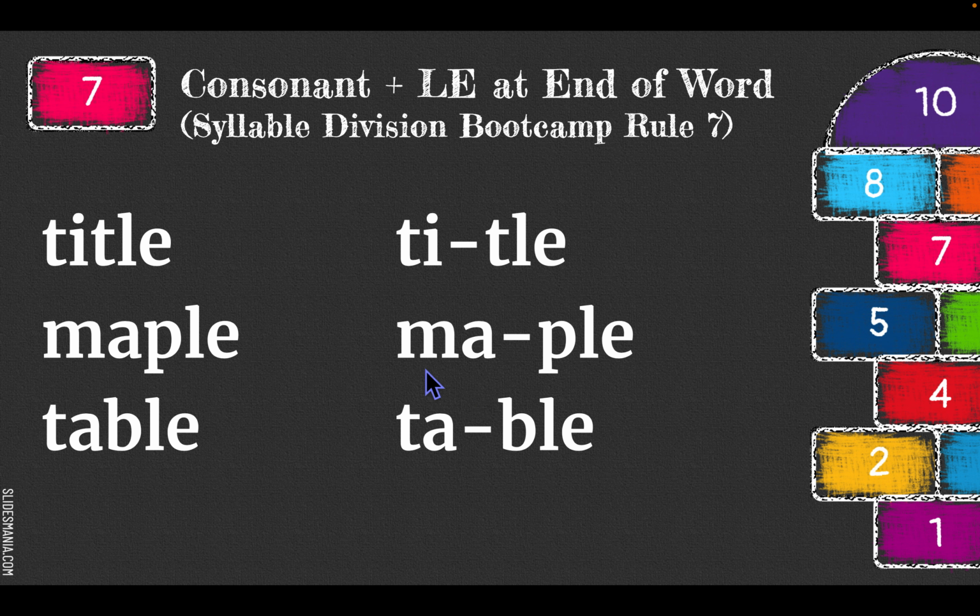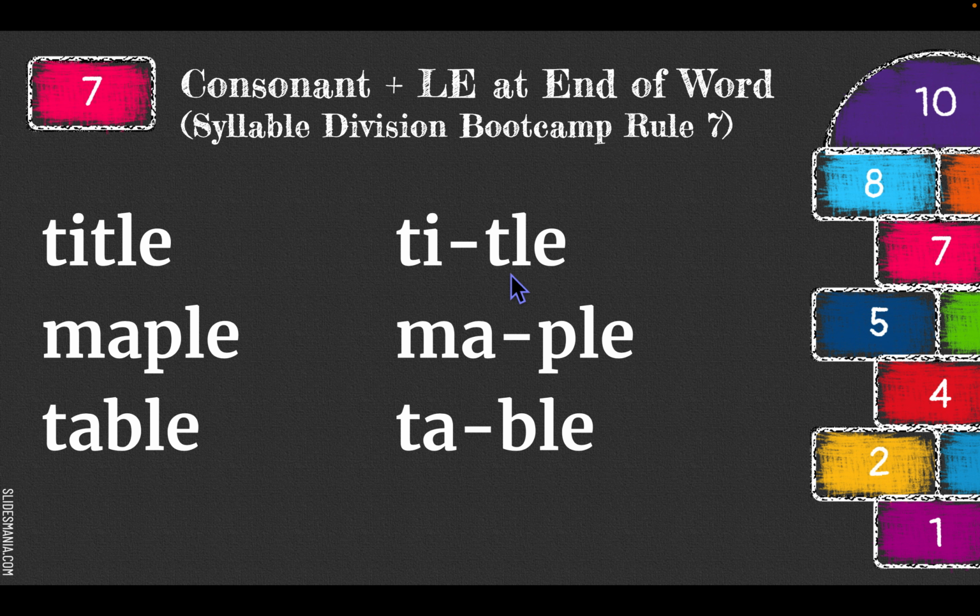The long I sound of I, the long A sound of A, and A again. The L and the E together are going to have the sound of ul. You might wonder, why is the E there? While the E is not making a sound, every written syllable in English must have a vowel.